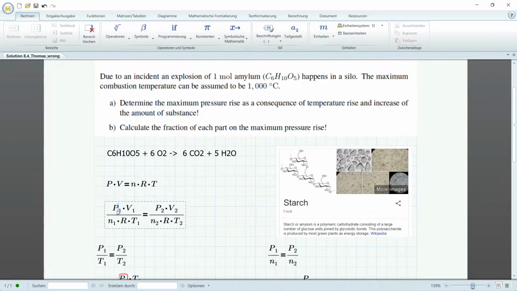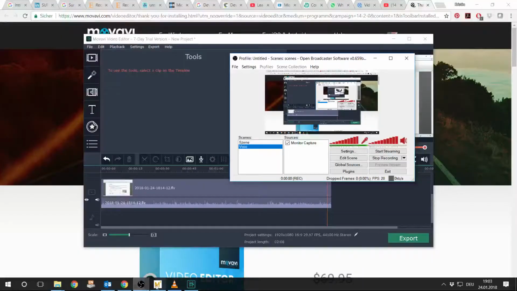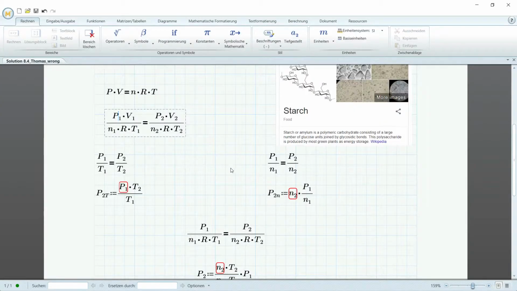And so we can say that for any container, P1 times V1 divided by N1 times R times T1 is equal to P2 times V2 over N2 times R times T2. When we're comparing two systems, we can cancel out the factors from the ideal gas law that remain constant from situation 1 to situation 2.